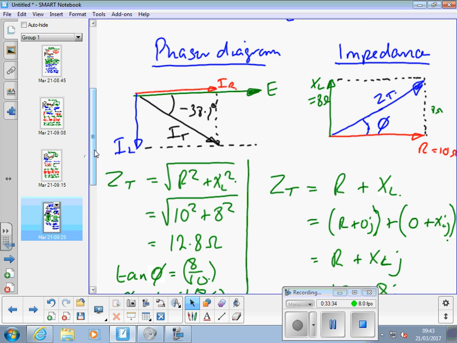Can anyone remember the way I showed you to check whether you got that right, whether current should be leading or lagging voltage? Remember the word that we used? Civil. Yeah. I'll put that on a separate page.